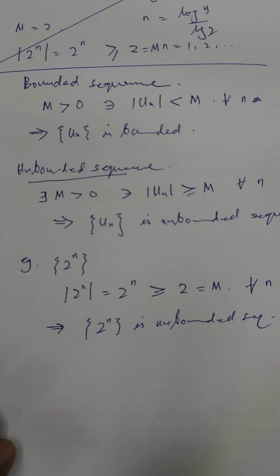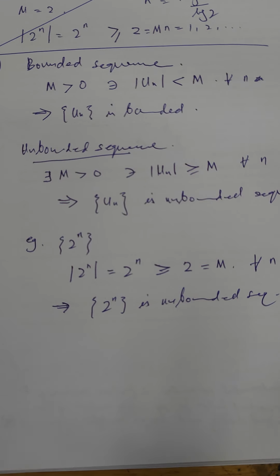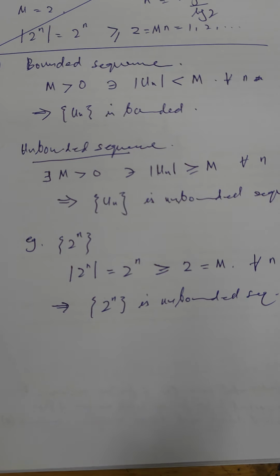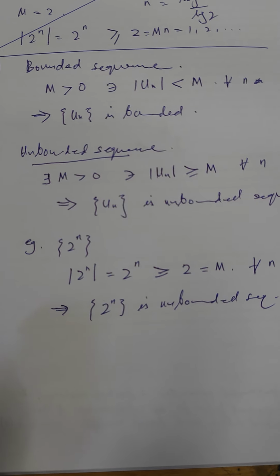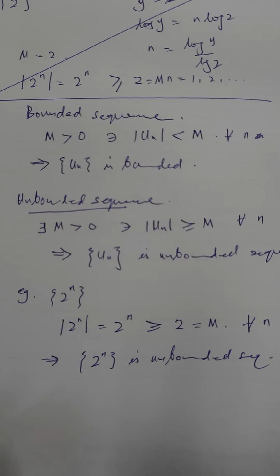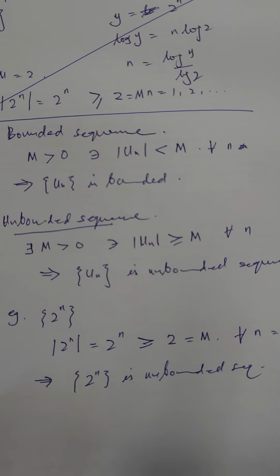So I have explained to you what a sequence is, how to write a sequence, as well as the main problems that we look at in sequences, which are bounded, unbounded, increasing, decreasing, convergent and divergent sequences.